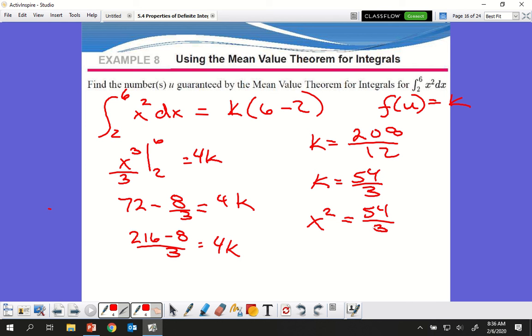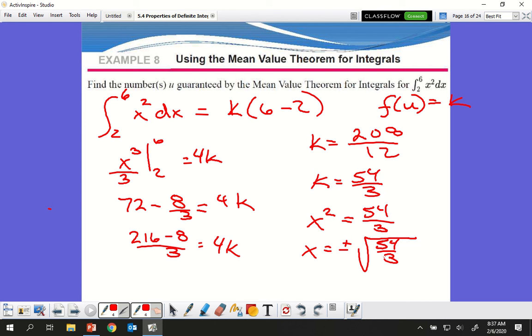And it's going to go x equals plus or minus the square root of 54 over 3. Now, is the negative inside my interval? No. The negative is not inside my interval. What's my interval? From 2 to 6.